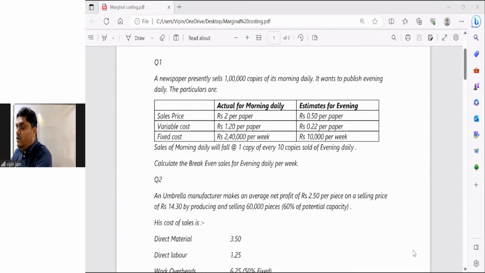Yes, Darshan, Bhumika, Rushita, Komal, be quick.